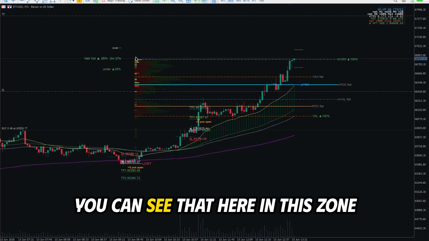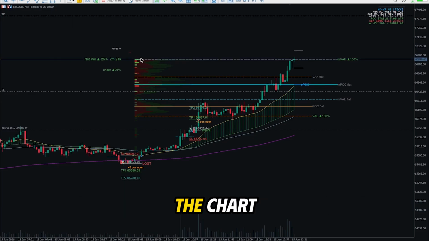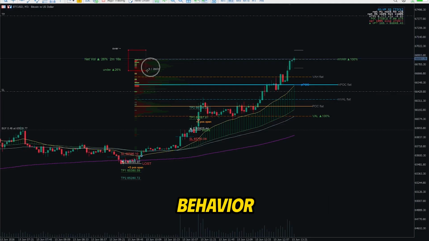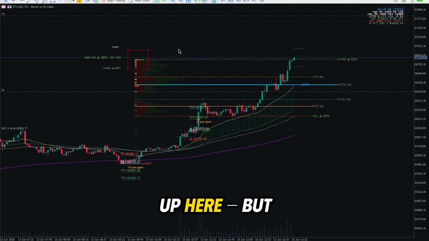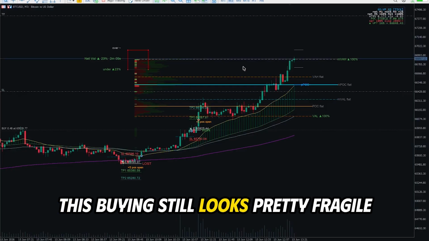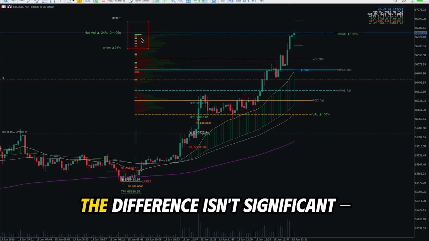You can see that here in this zone, toward the top of the chart, it's quite active with a lot of buying up here, but this buying still looks pretty fragile. You can see that the difference isn't significant.